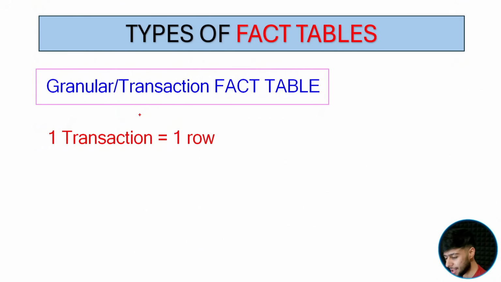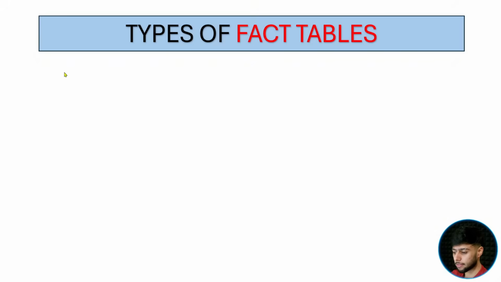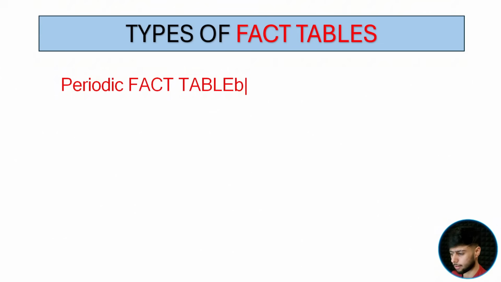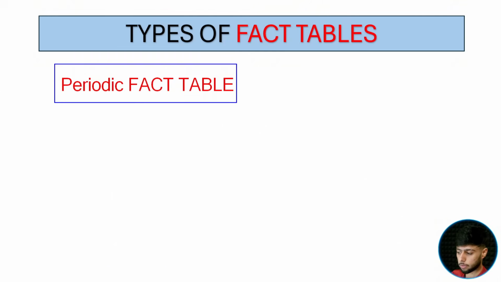So the next type is called periodic fact table. What's that? This fact table is also known as snapshot fact table.